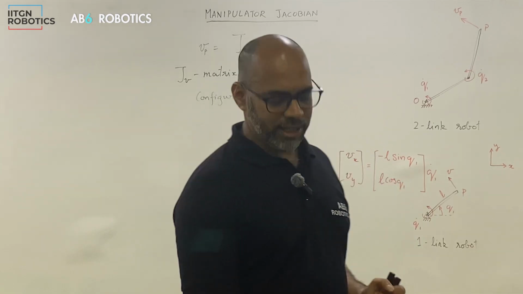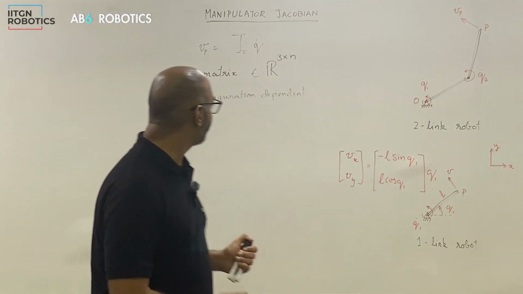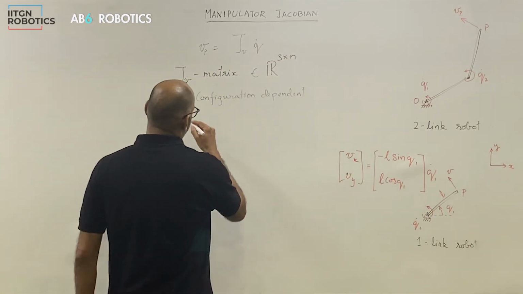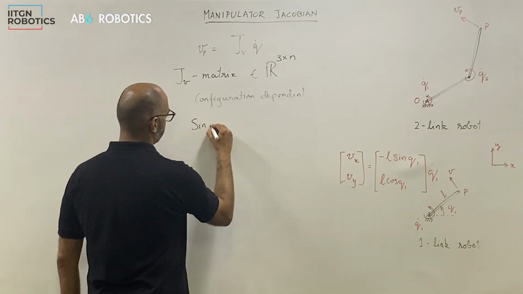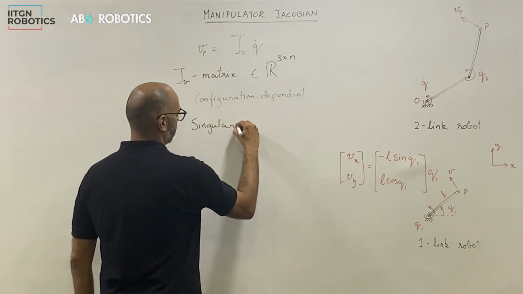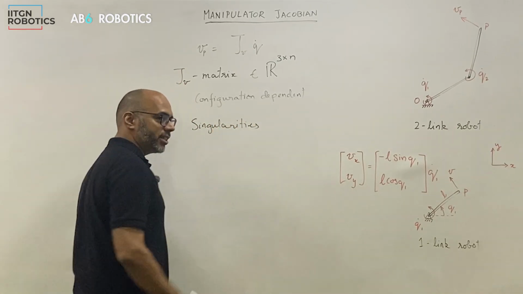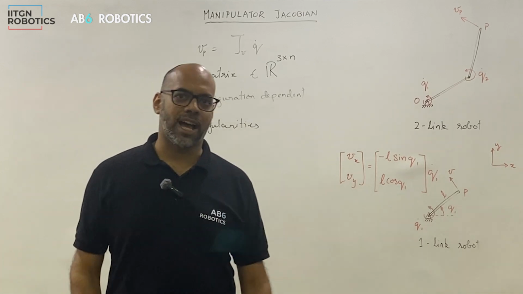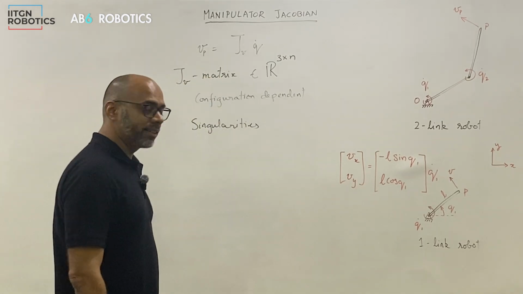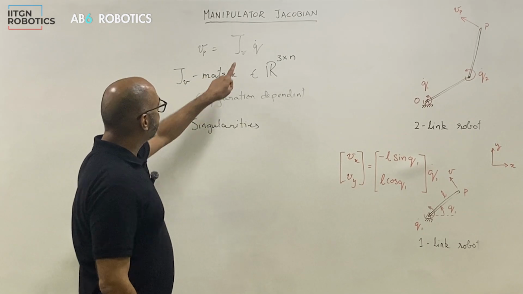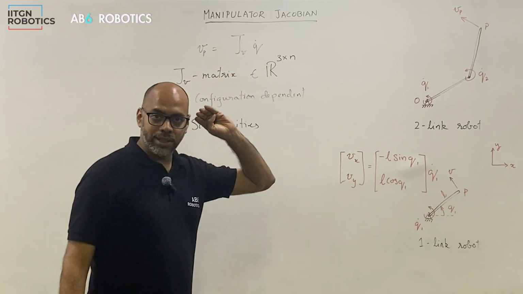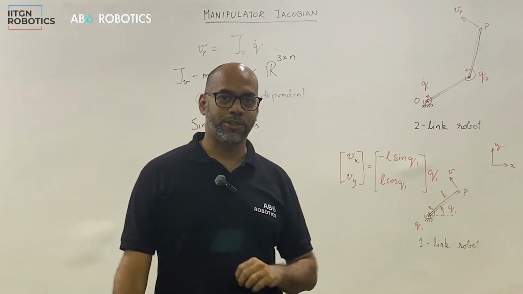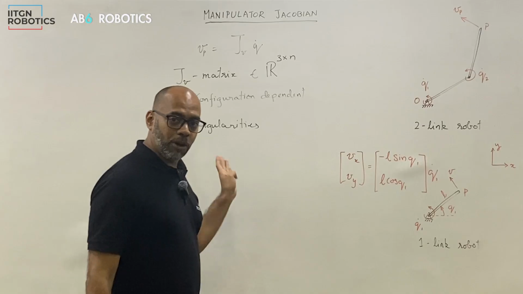So that's another place Jacobian is used quite a bit. And related to that is this concept of singularities. So what are singularities? Singularities are configurations in which the rank of the Jacobian drops. So it is not full rank. Now what would that mean?